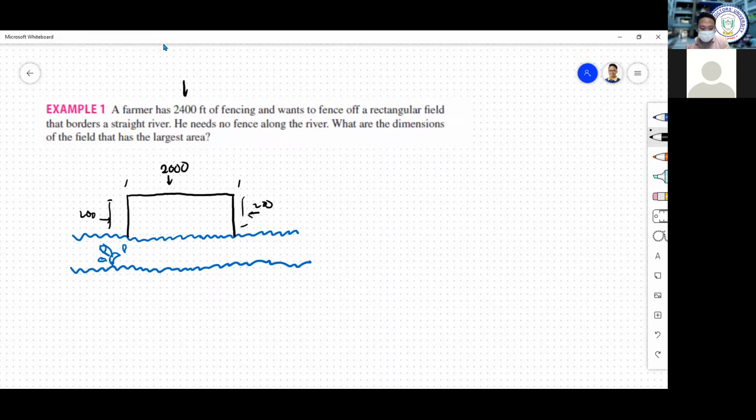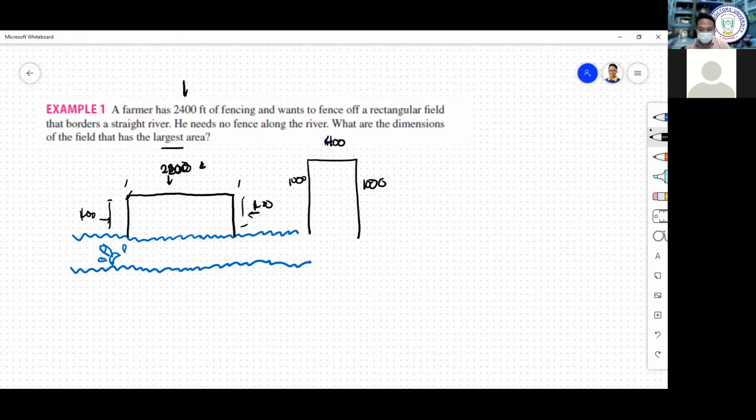Another possibility is 2,000 here and 100 on each side. Or 4,000 here and 1,000 on each side. It's still a rectangle. But the problem here is what the dimensions are, what length each side of the rectangular field should have to produce the largest area.